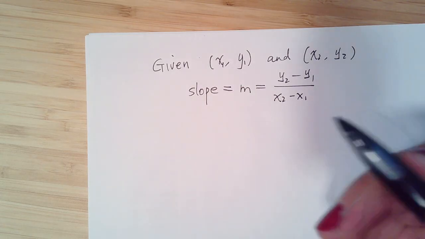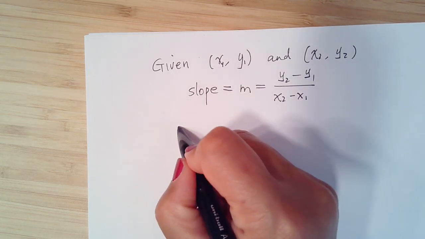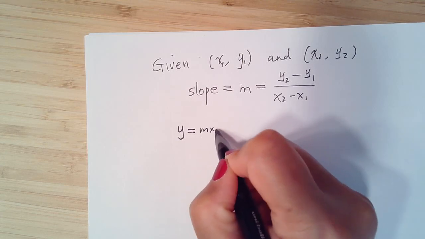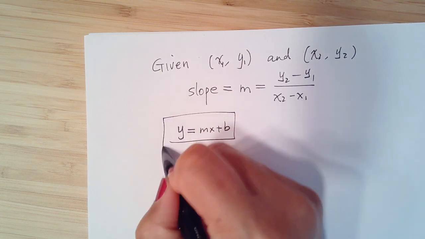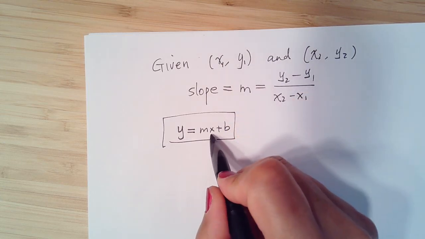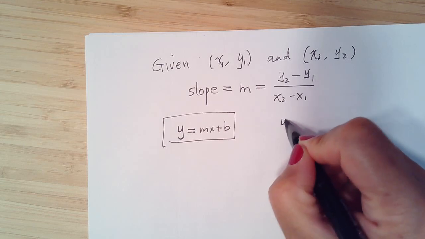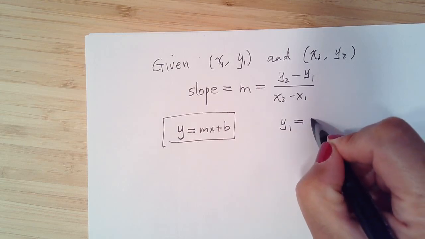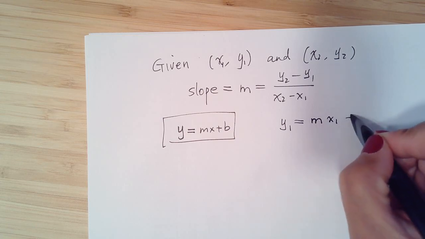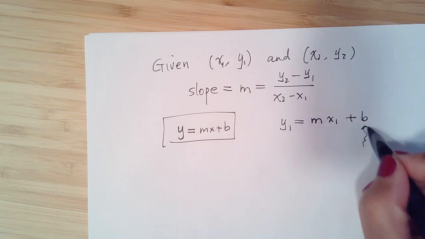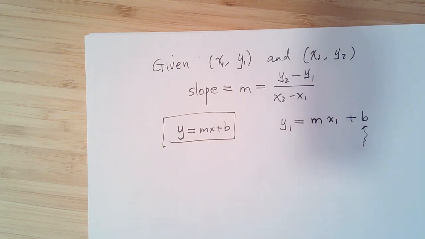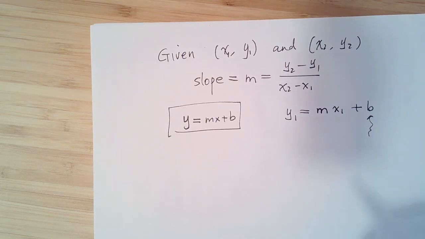And then you just use y equals mx plus b. Remember, that's the form we're looking for. So you can plug in either point, let's do (x1, y1). When x equals x1, y is y1. So y1 equals m times x1 plus b. You know x1, you know y1, you know m, so you can go ahead and find b. You get it? Okay. So that gives me another one.